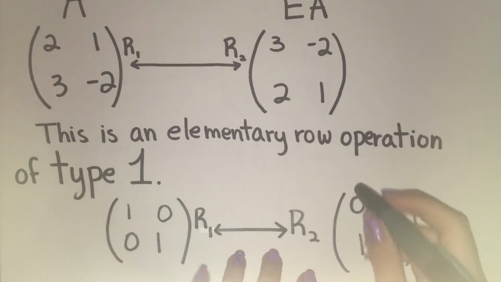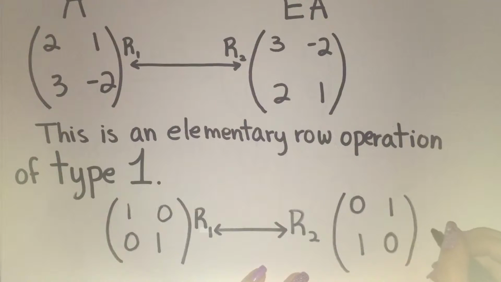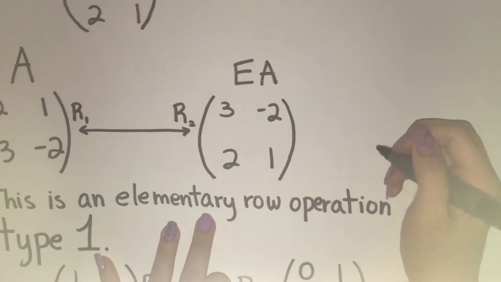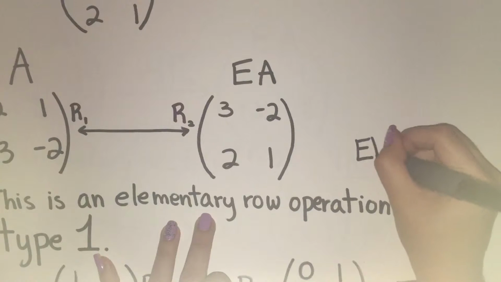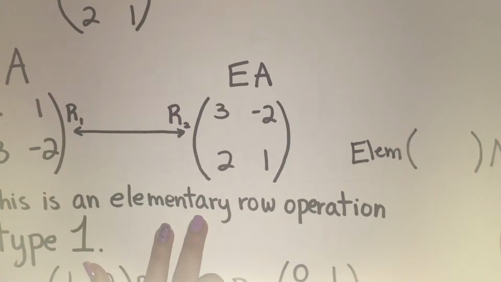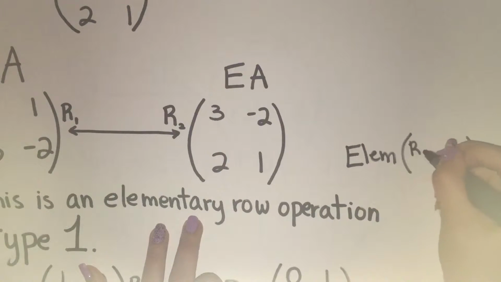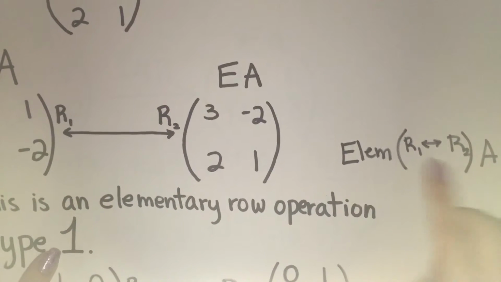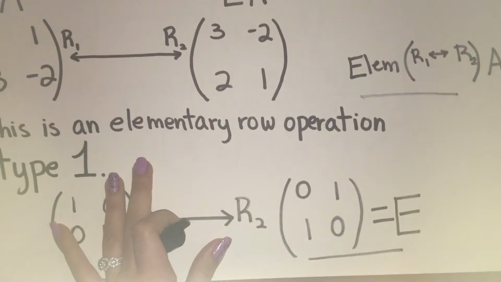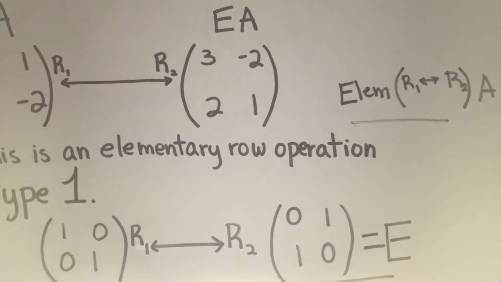So our answer would be that E equals a matrix 0, 1, 1, 0, which could also be written as the elementary row operation times A of row 1 interchanged with row 2. Okay, so that's basically that, and this is the answer to part A, the first case.